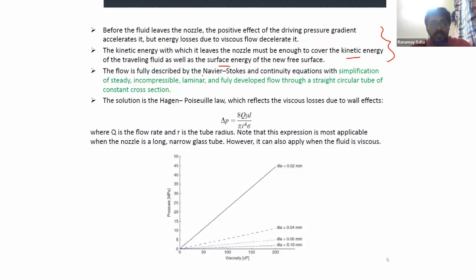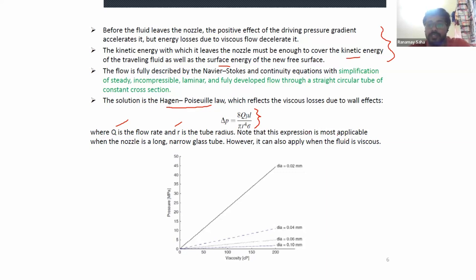Now this relates to how the flow is described. In fluid mechanics, you must have been acquainted with the Navier-Stokes equation and continuity equations. The solution finally is the Hagen-Poiseuille law, in which you find that the total pressure depends upon all these particular factors. Q is the flow rate, R is the fluid radius, and sigma is your surface tension.